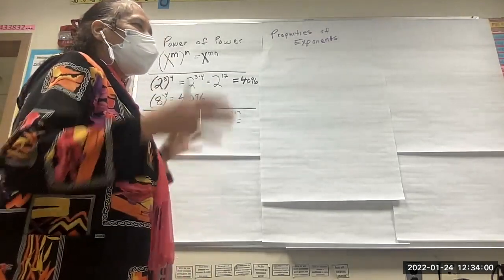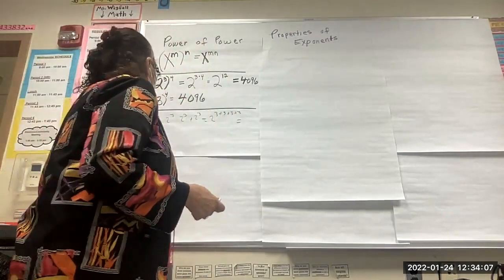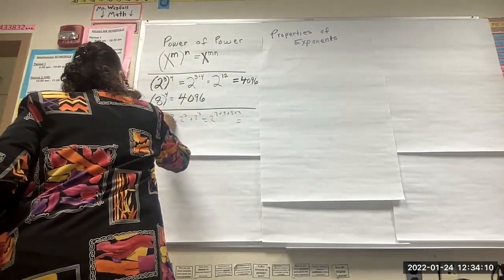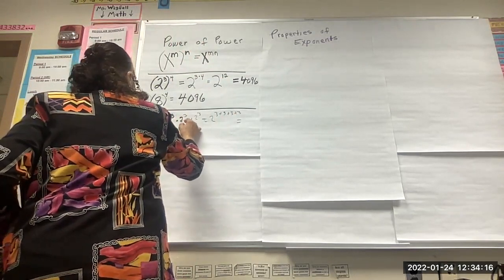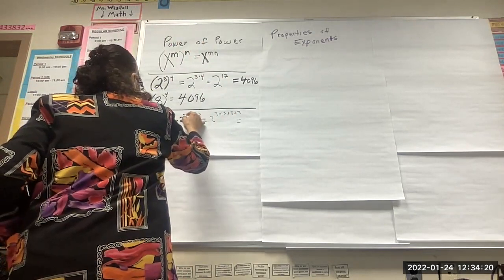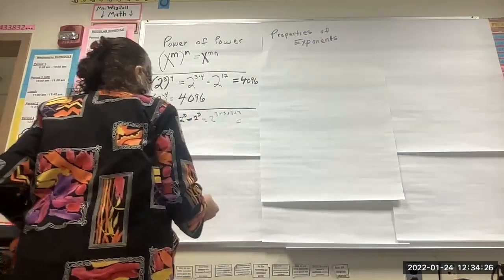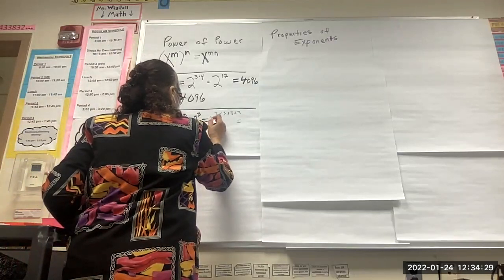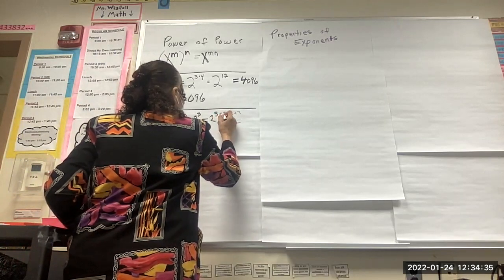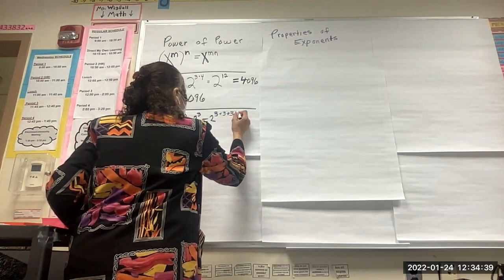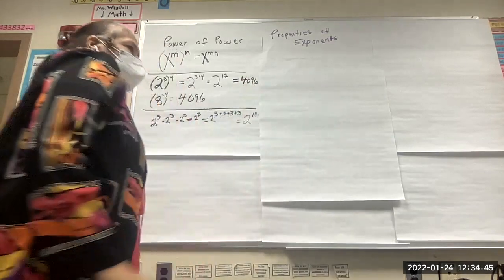But he said you need to be aware of the fact that 2 to the third 4 times is exactly what he wrote right here. 2 to the third times 2 to the third a second time times 2 to the third a third time times 2 to the third a fourth time, which is equal to 2 to the third 3, 6, 9, 12, which is still 2 to the 12th, which is still 4096.